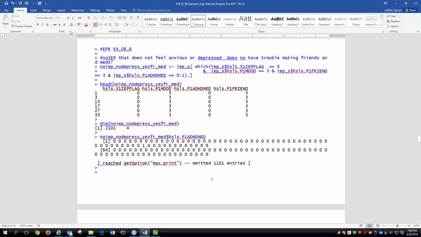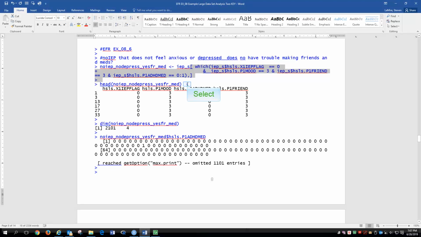So notice our similar command. So it's no IEP, no depression, yes, yes friends, and meds. Okay, so here they are, right? Each one under the conditions. So here's my code.